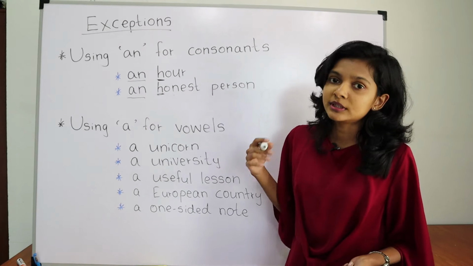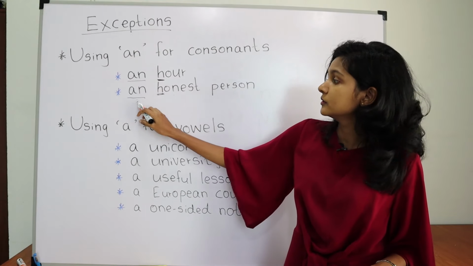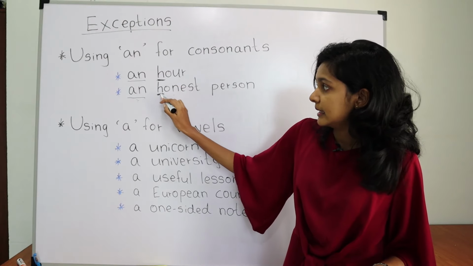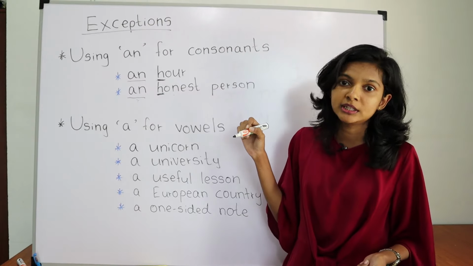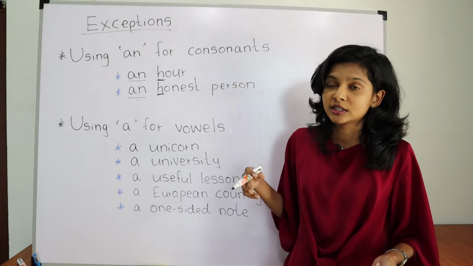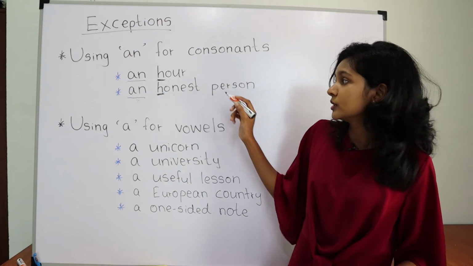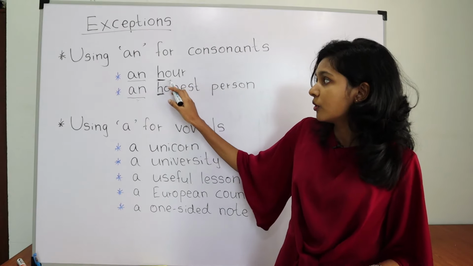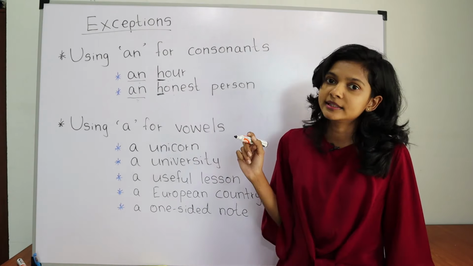Now I will tell you the reason why we have to use an when we write for these 2 words. This H is silent in these words. We don't pronounce the H sound here. We don't say hour, don't make H sound. It's just hour. So the word starts with O sound. So O is already a vowel. That's why we have to use an here.